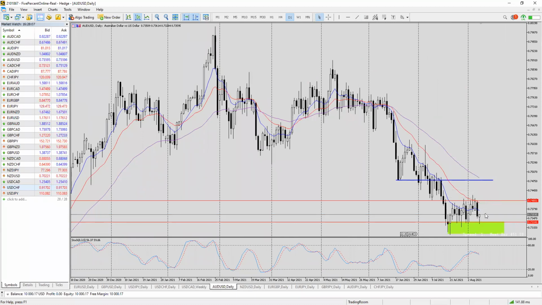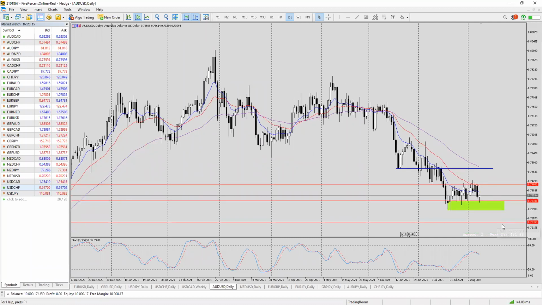But if it closes below 0.7330 or so, it could continue lower all the way down to 72.30 or 72.40, which is like a 100 pip move.